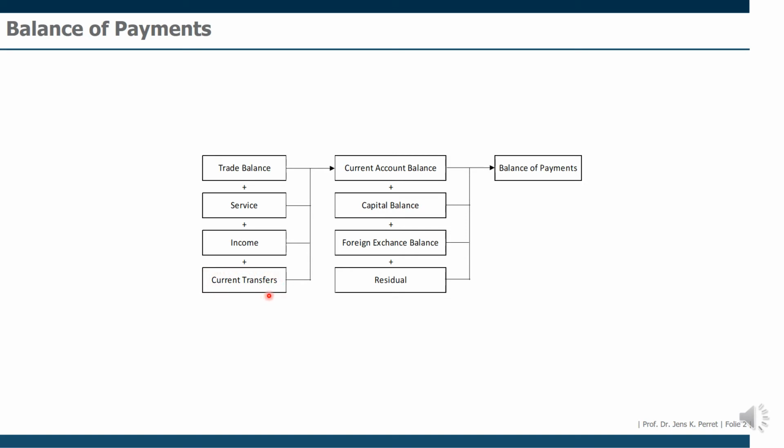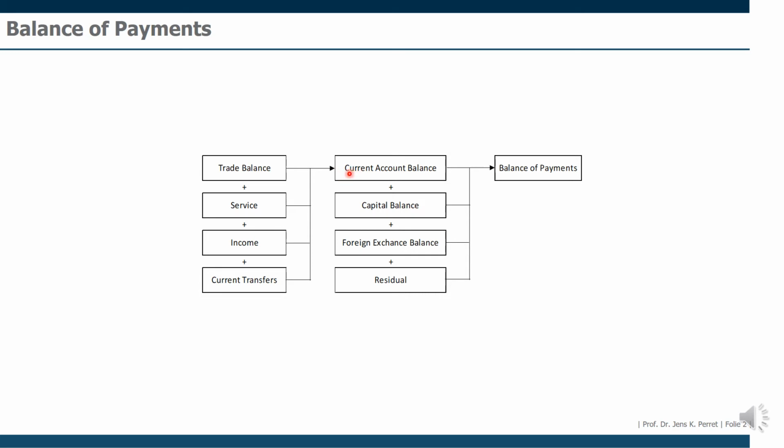However, in most other countries, this is a relatively unimportant part of the current account balance. So, in summary, usually the current account balance consists mainly of the net exports. Okay, so here we have the current account balance.